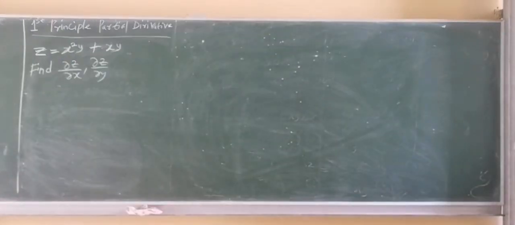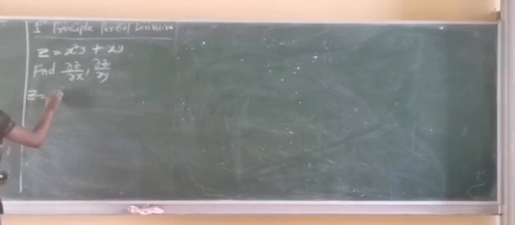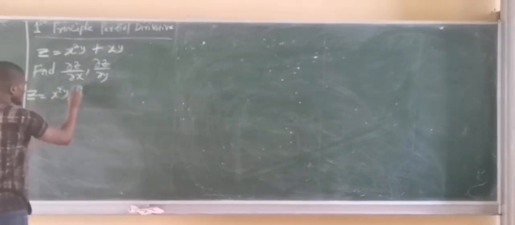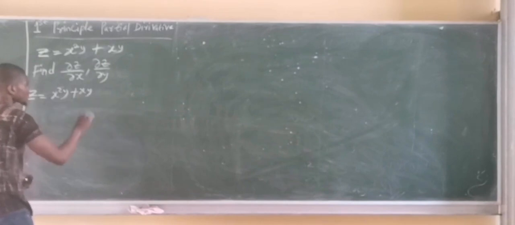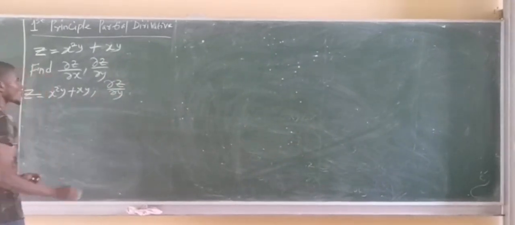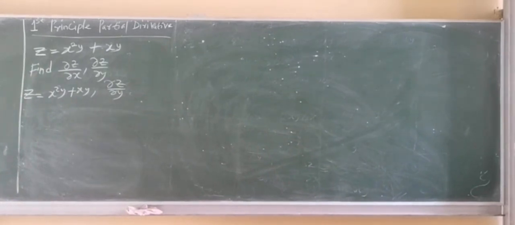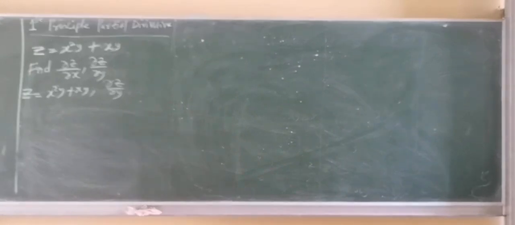The second part of the question says we should find the partial derivative of z with respect to y. The question is z equals x squared y plus xy. So we have to find partial z, partial y. In this case, z is changing with respect to y, so x is kept constant.